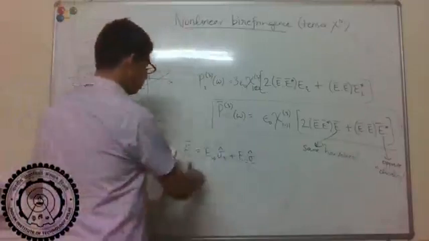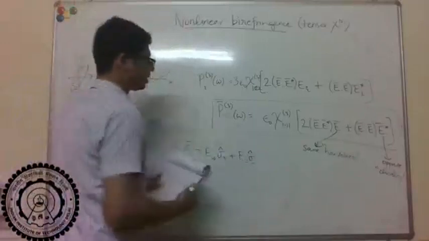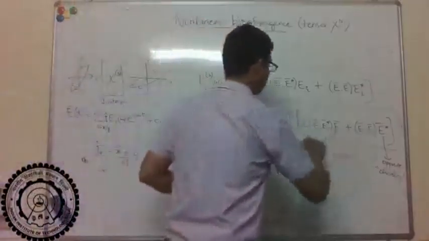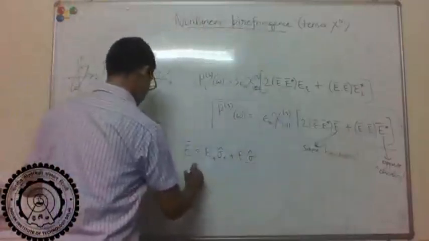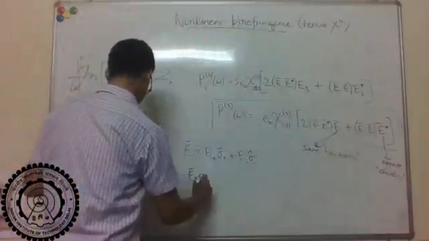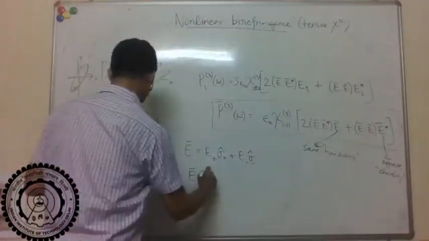Right. So if we write my wave like this, then we can compute these quantities E dot E and E dot E star. So E dot E star, let's see first.